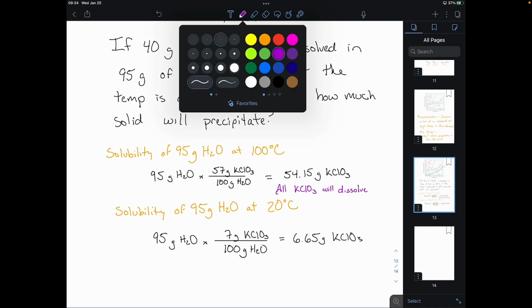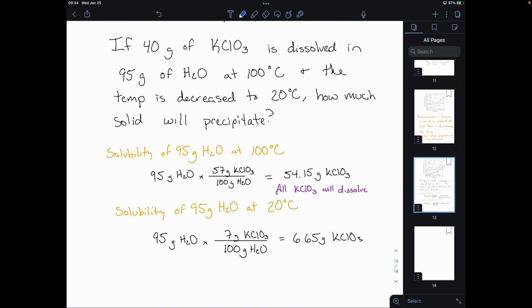Okay, so importantly, at 20 degrees Celsius, how much of this potassium chlorate is going to remain in solution, dissolved in my water? The 6.65 grams, right? That's what I figured out.